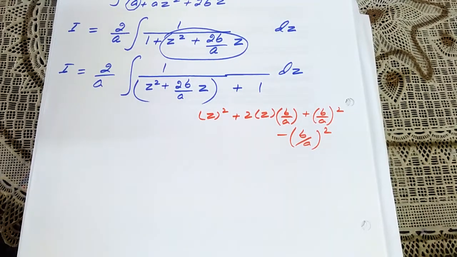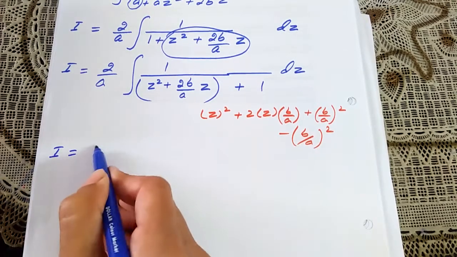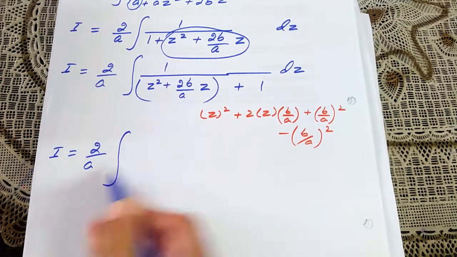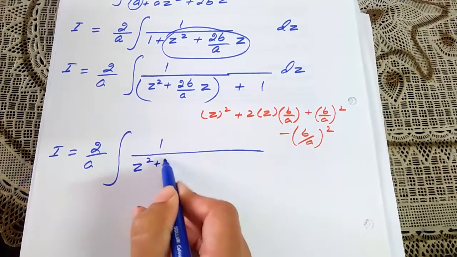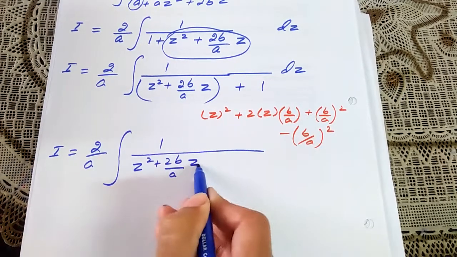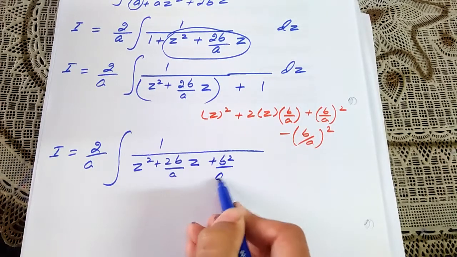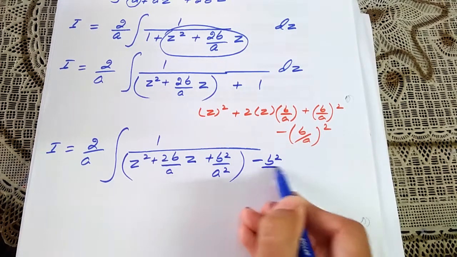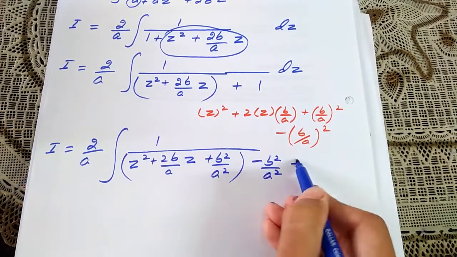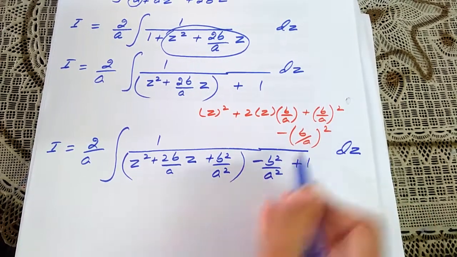For that purpose I will get in my integral I is equal to 2 over a integral 1 over, here I will get z square plus 2b over a z plus b square over a square, and I need to subtract it as well, b square over a square, and this plus 1 will come as it is.